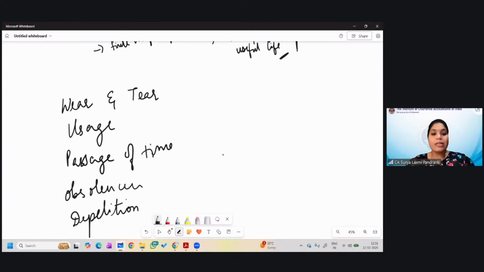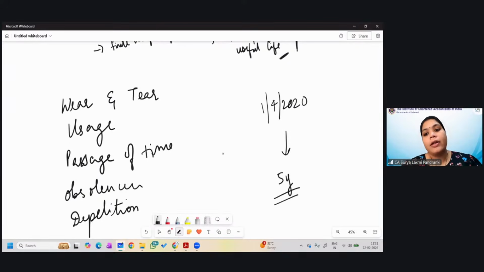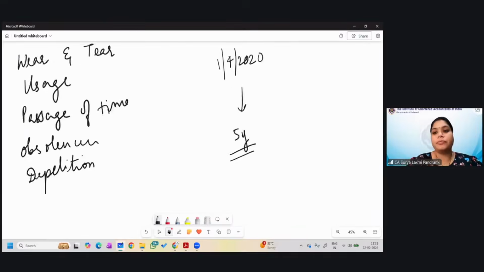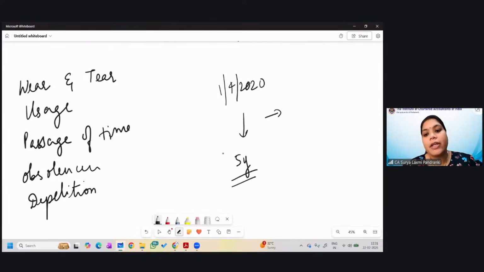It is because you have purchased a machinery on 1st April, let us assume 2020. Now you have used this machinery for 5 years. Let us assume you have purchased the machinery for some 10 lakhs.